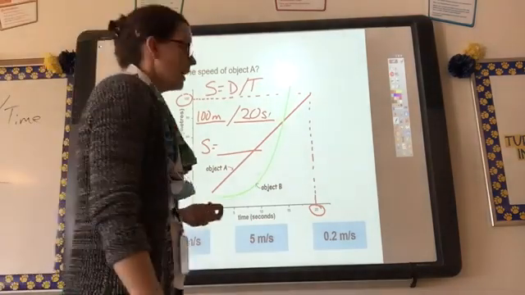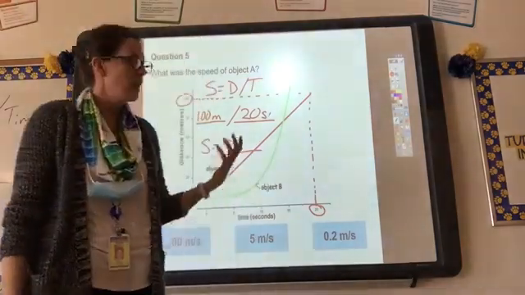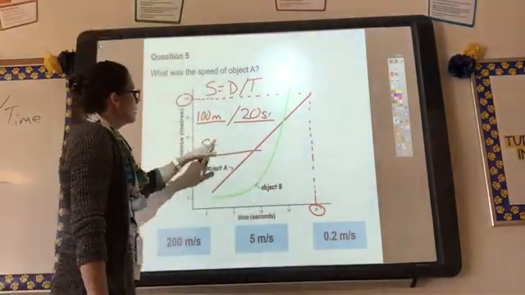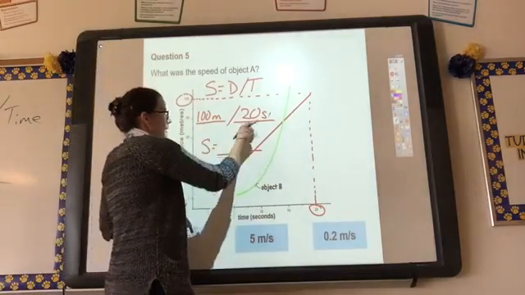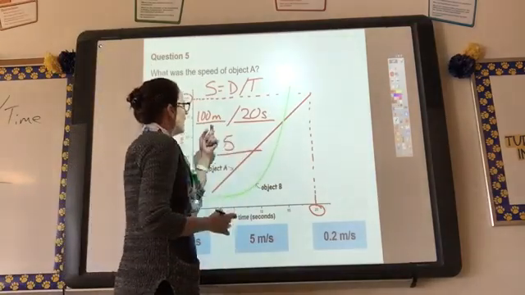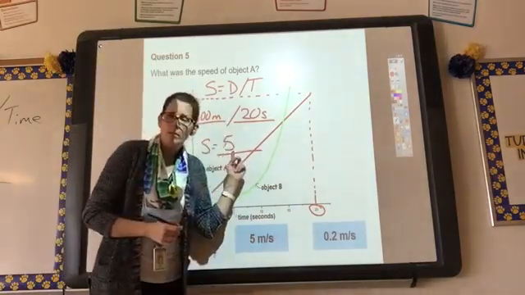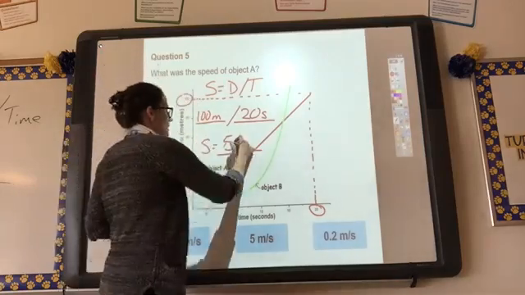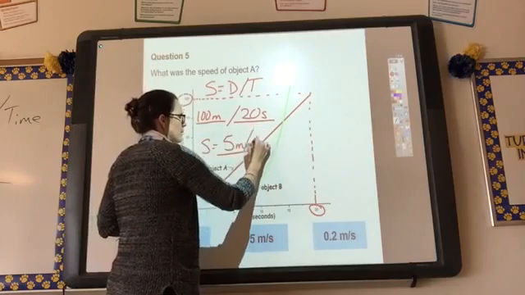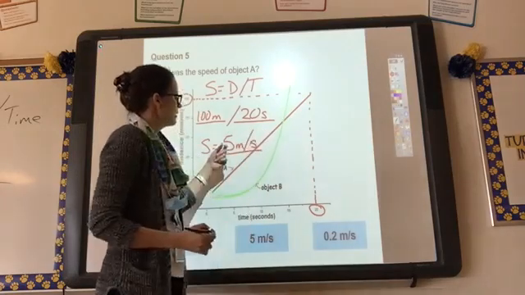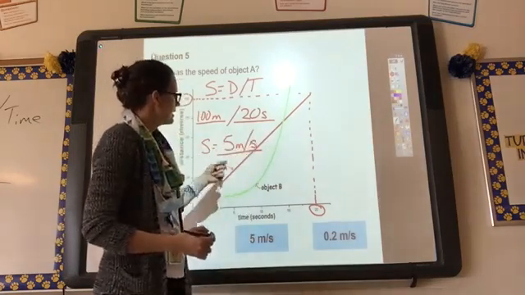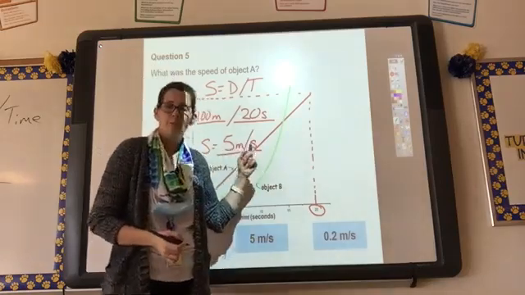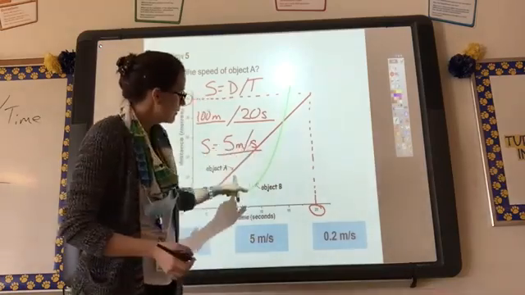If you can do that in your head, that's perfectly fine. If you don't want to, that's fine too. We can't have willy-nilly numbers sitting around here. We're in science class, not math. So we've got to bring our units down. There's an M for meter, an S for seconds. So 5 meters per second is this object's speed.